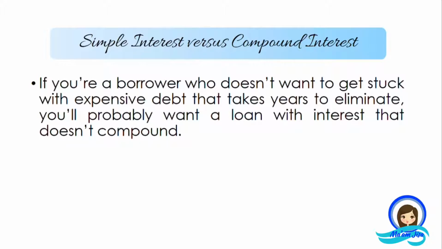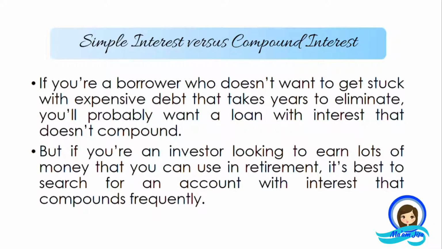But if you're an investor looking to earn lots of money that you can use in retirement, it's best to search for an account with interest that compounds frequently. So if you want to save more, if you want to invest, if you want to earn lots of money, it would be better to look for an account with interest that compounds.